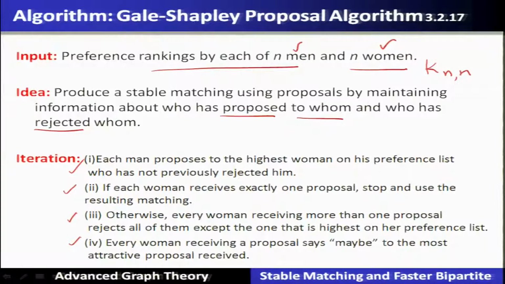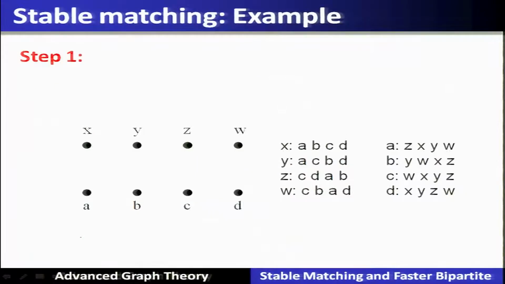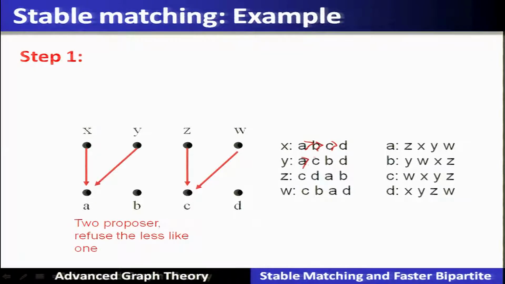Attractive in the sense that it is placed at a higher order on the preference list. Now, all these 4 steps of this algorithm, let us trace on the same example. These preference orders are in this particular manner.